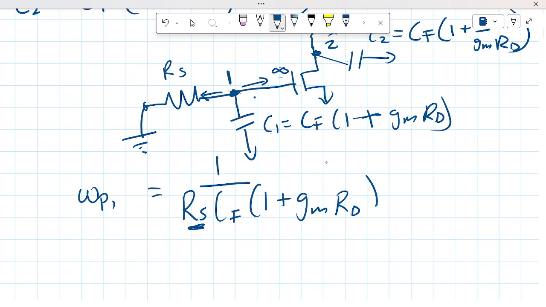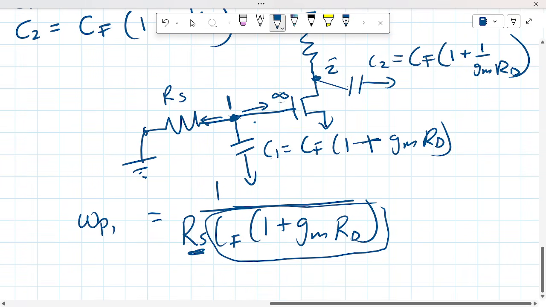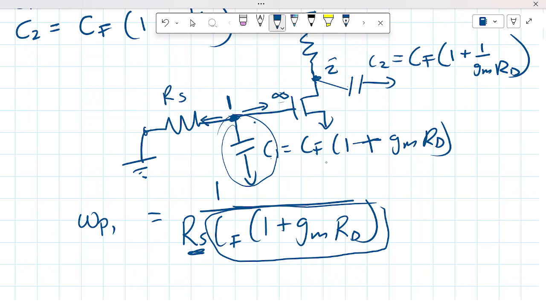So the first thing we notice here is that the capacitance has been boosted, which is called the Miller effect. So indirectly we know that a capacitor shunted, or connected to the ground this way, always reduces the speed of the circuit.